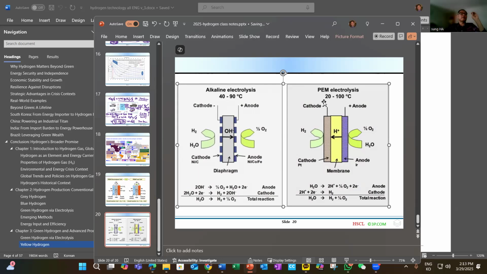And all we need is water, H2O, as you can see here, and then power. Power is represented by the cathode and anode. And of course, we need a current here and here. For PEM electrolysis, the temperature is about 100 Celsius.